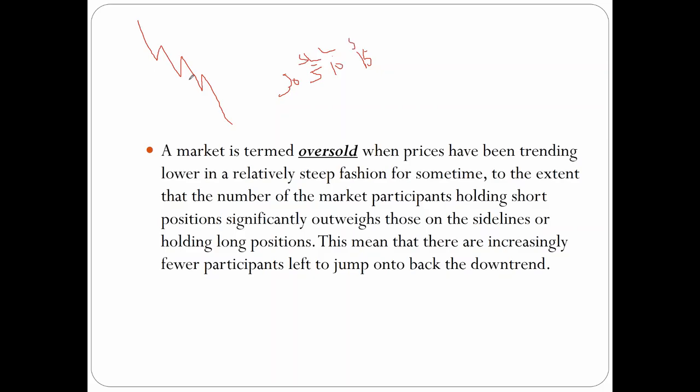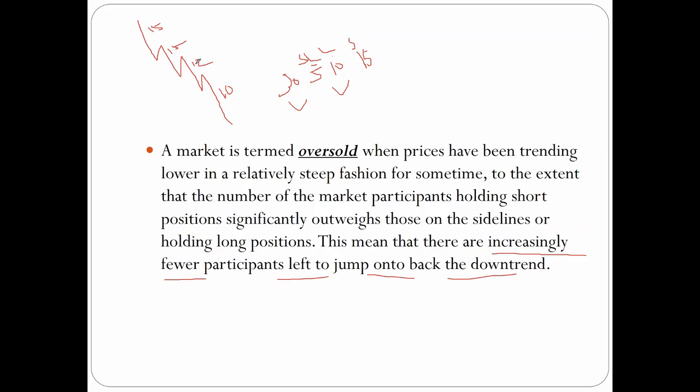Now as the market starts falling, here we had 15 people with short positions, here suddenly 12 people have short positions and here 10 people have short positions. So people on the sidelines and long side increase and people on the short side decrease. That means there are increasingly fewer participants left to jump back onto the downtrend.